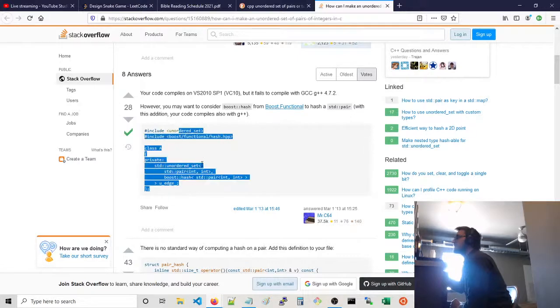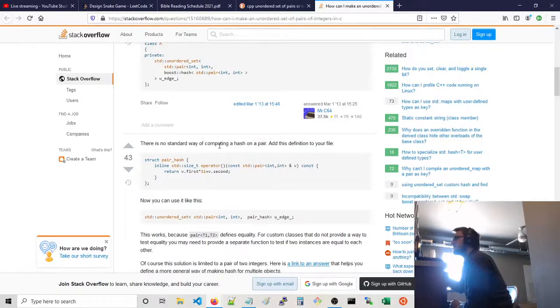Boost has hashes. There's no standard way of computing a hash on a pair of this definition to your file. You can use it like this, pair hash.